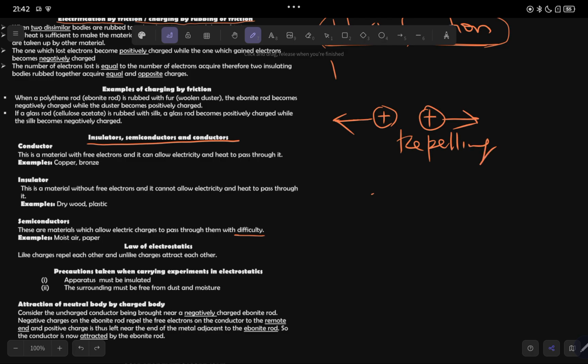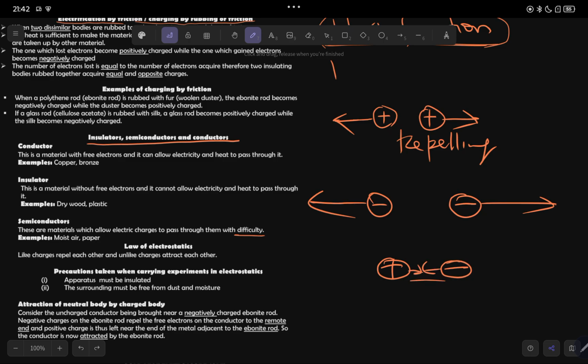If you bring a negative charge near a negative charge, they repel because they are like charges. But if you bring a positive charge near a negative charge, they will attract one another. And therefore, the law shows us clearly that like charges repel, whereas unlike charges attract.